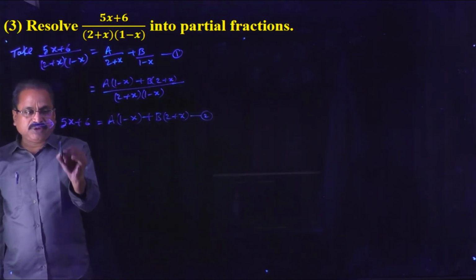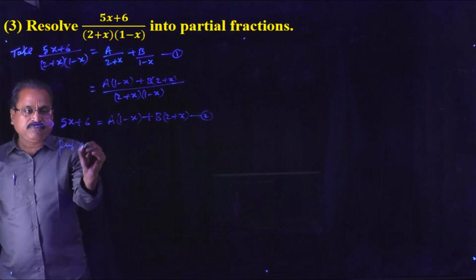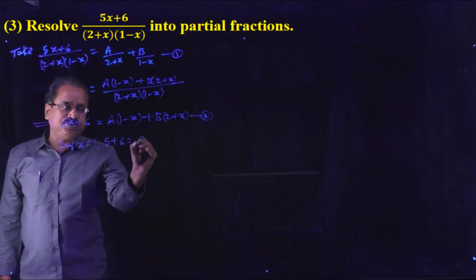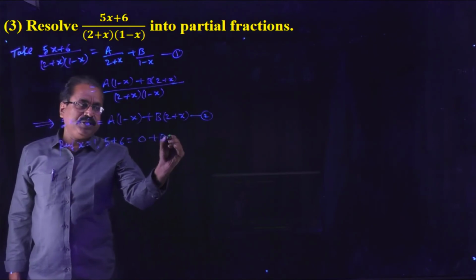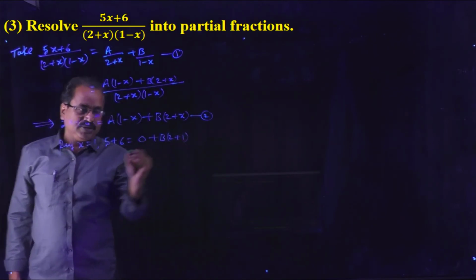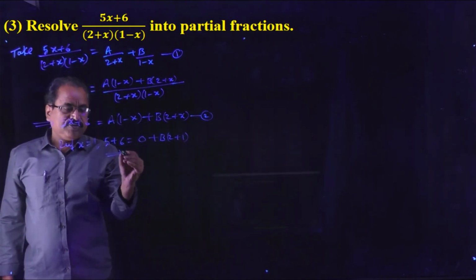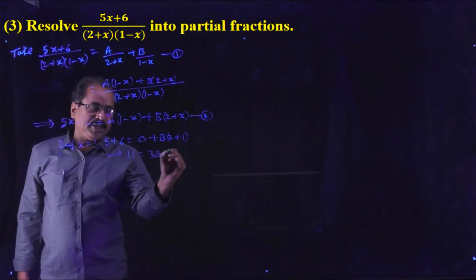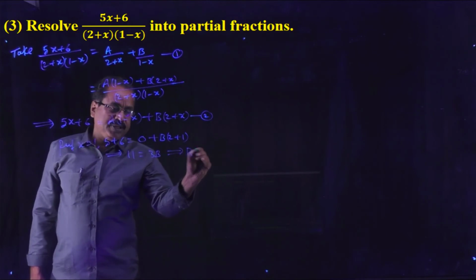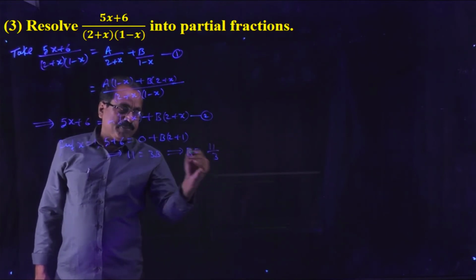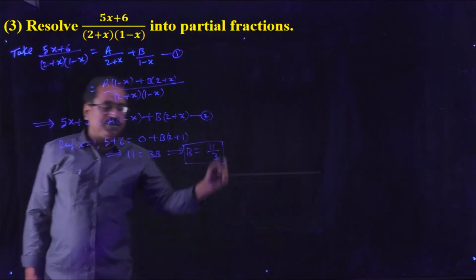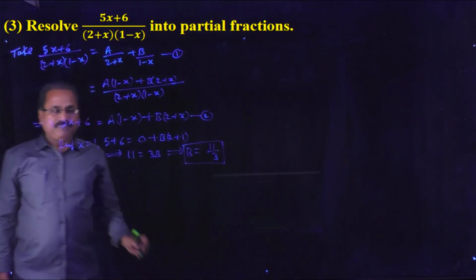Put x = 1. 5 + 6 = 0 + b(2 + 1). So this implies 11 = 3b. This implies b = 11/3.